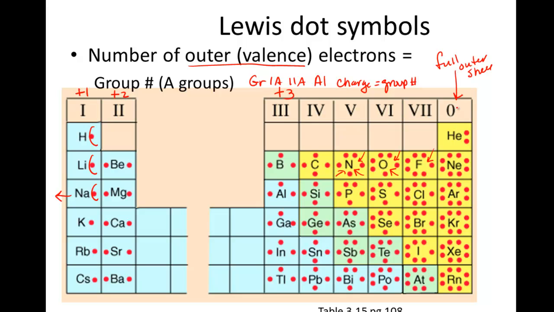For group 5 through 8, they will want to gain electrons. Group 5 will want to gain 3, group 6 gain 2, and group 7 gain 1. And since electrons are negative, these are the charges that you will get.